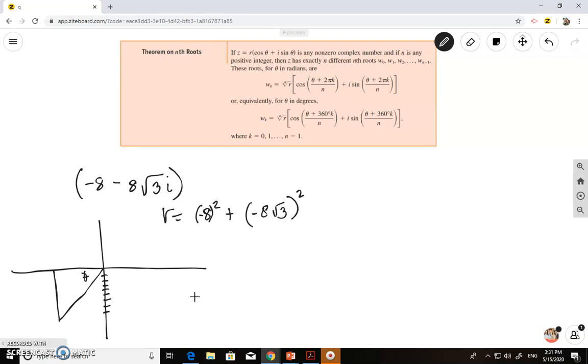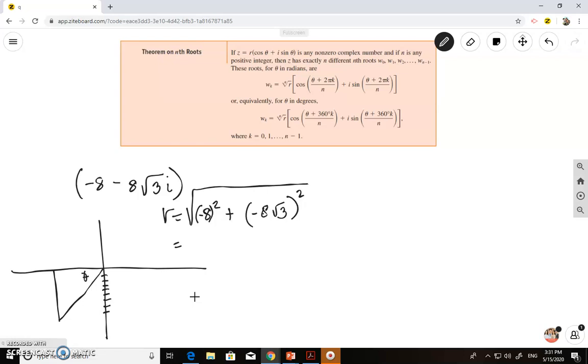We get 64, plus 64 times 3, which is 192, because we have 8 times 8 and then multiply by 3.